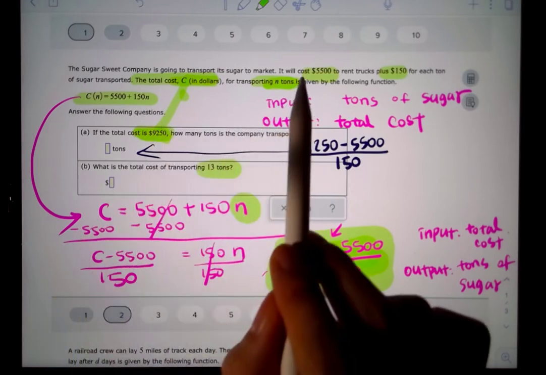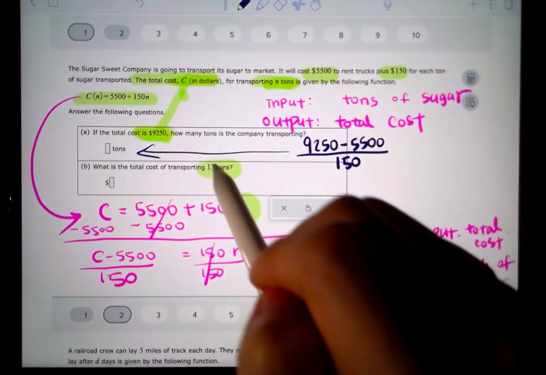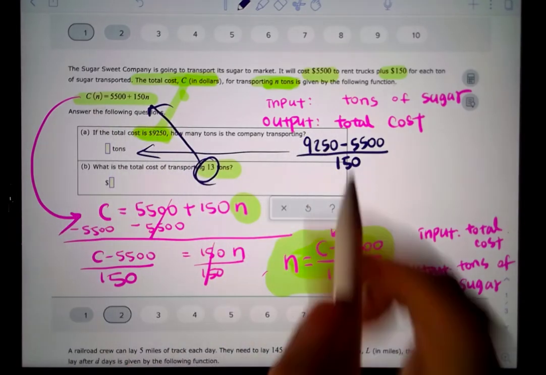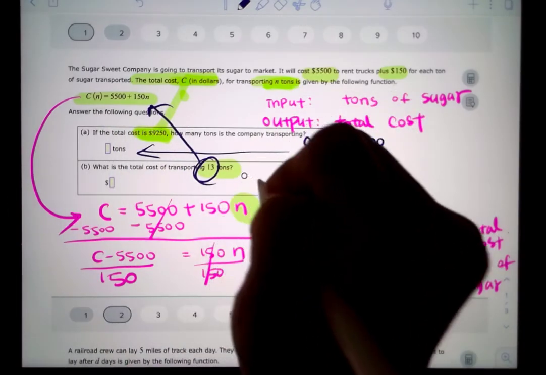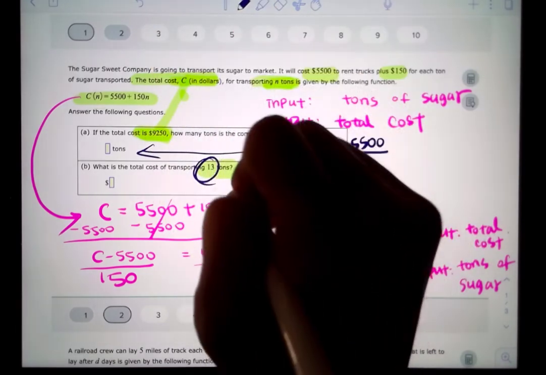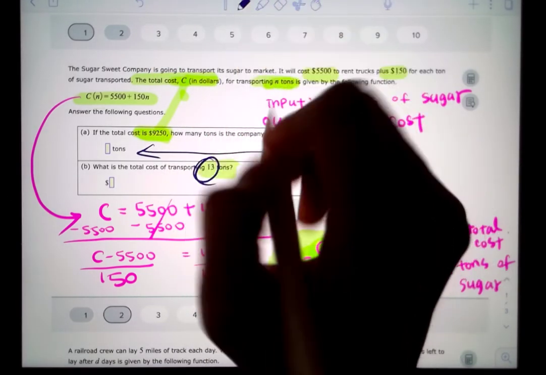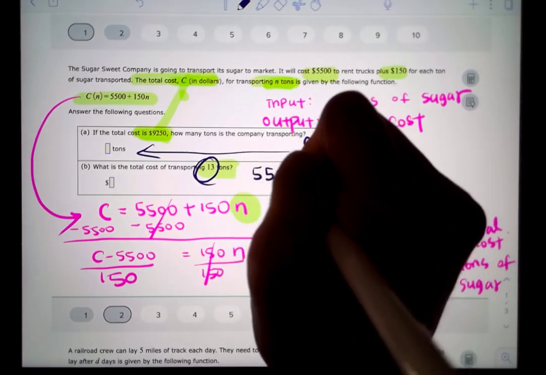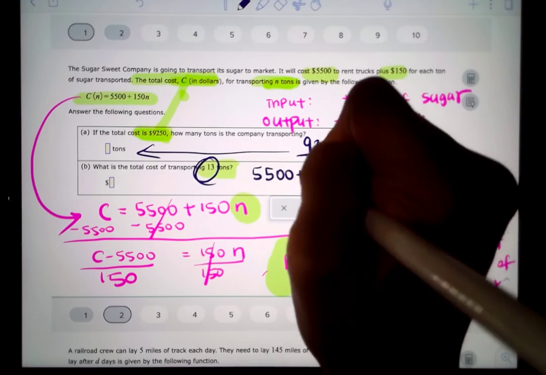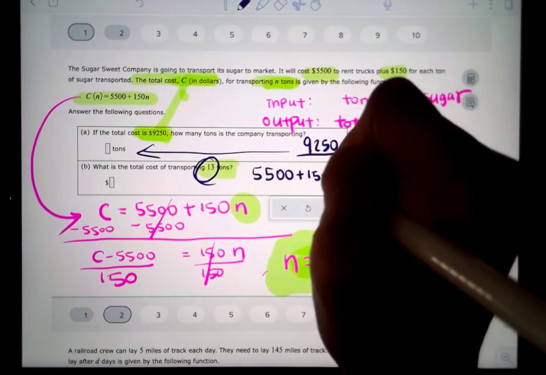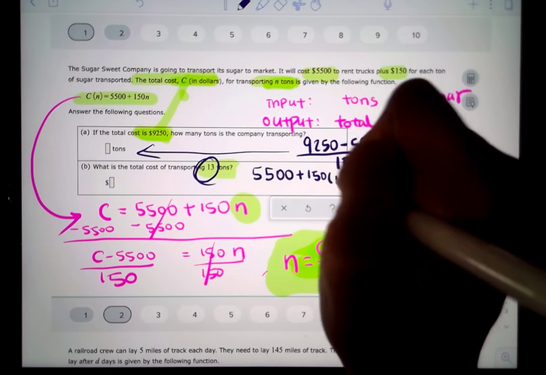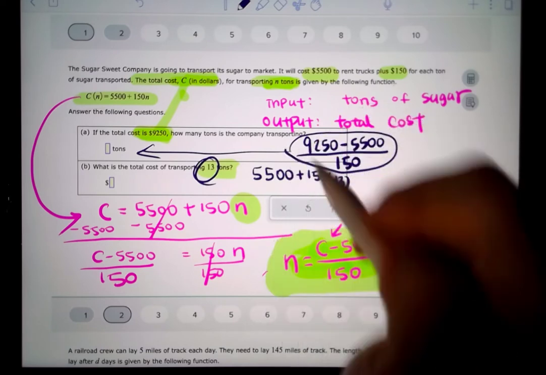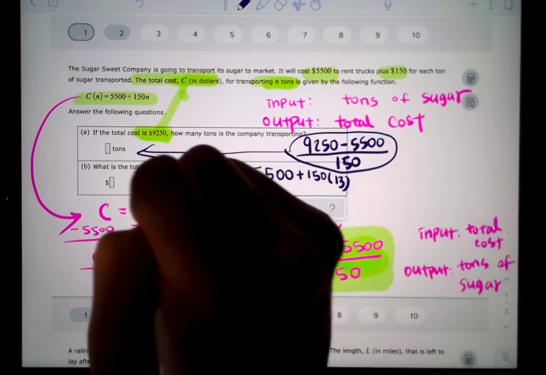N. So you put 13 into N. So I'm going to use my original equation. So you do 5500 plus 150 times 13.